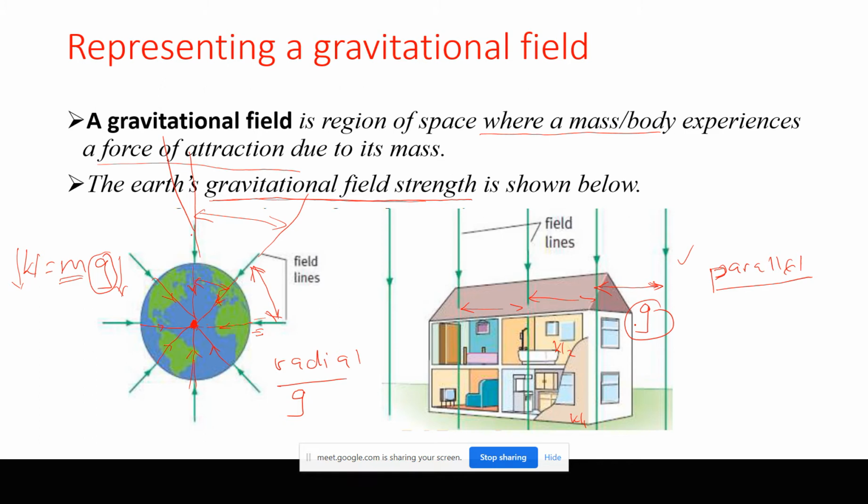So the gravitational field in and around a building on the Earth's surface shows that the gravitational force is directed downwards everywhere. And because the field lines are almost parallel and evenly spaced, the strength of the gravitational field is going to be the same at all points in and around the building.